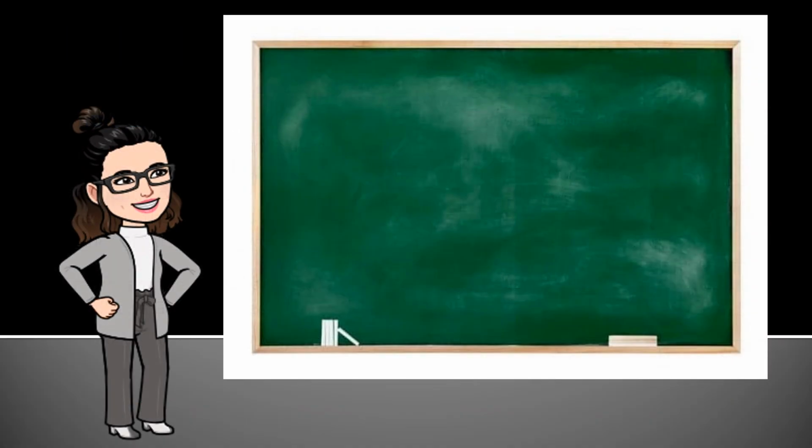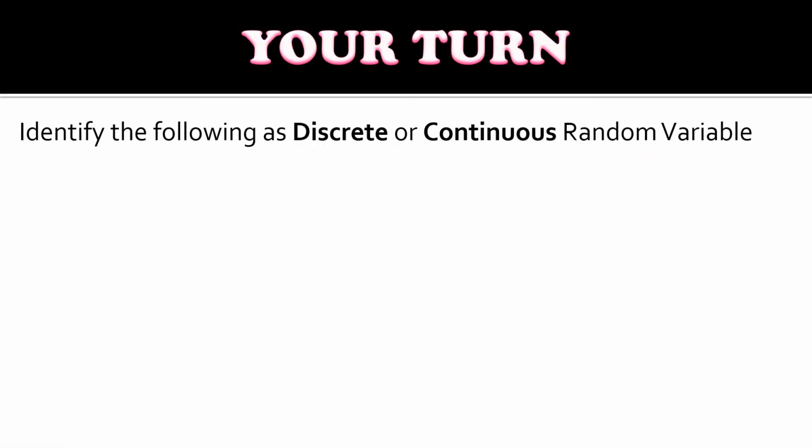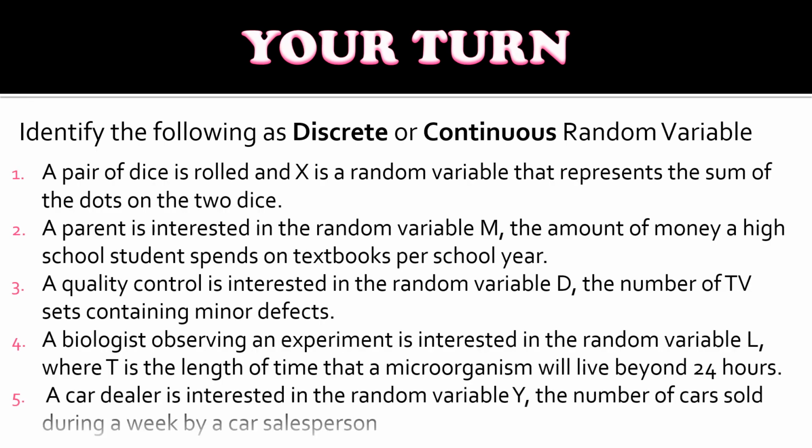Now let's check what we have learned for today's lesson. Identify the following as discrete or continuous random variable. Number 1, a pair of dice is rolled and X is a random variable that represents the sum of the dots in the 2 dice.